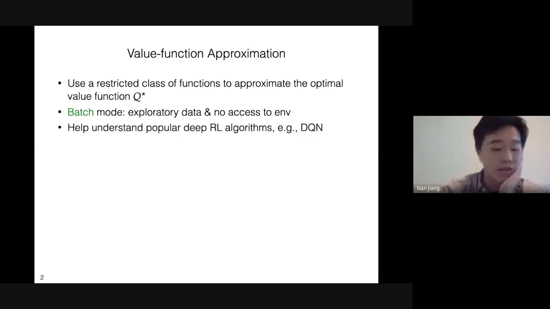And if you think about this, why do we want to understand batch VFA?